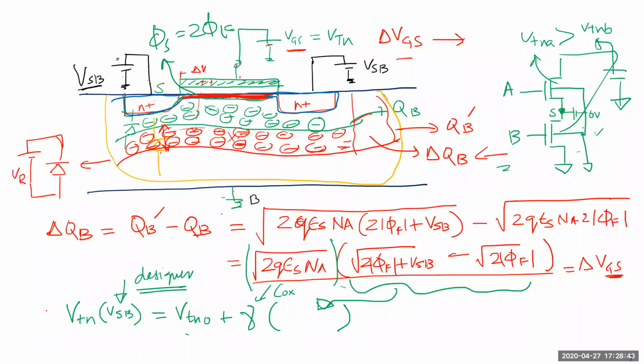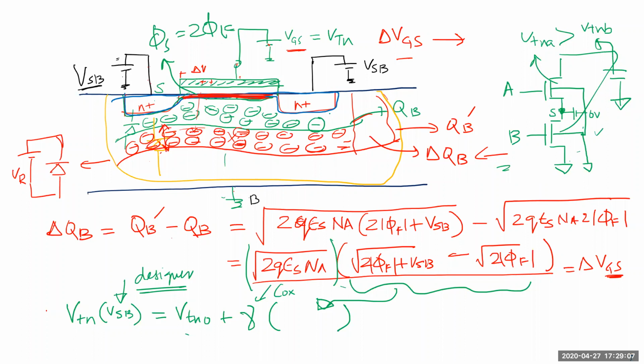Okay. So we have to adjust the value of VG here to get back to the original. Right. It's just a way of explaining why the VT is increasing. It's just a way of saying that in order to get that same channel, now I need a higher voltage, just like we have been doing so far, right?